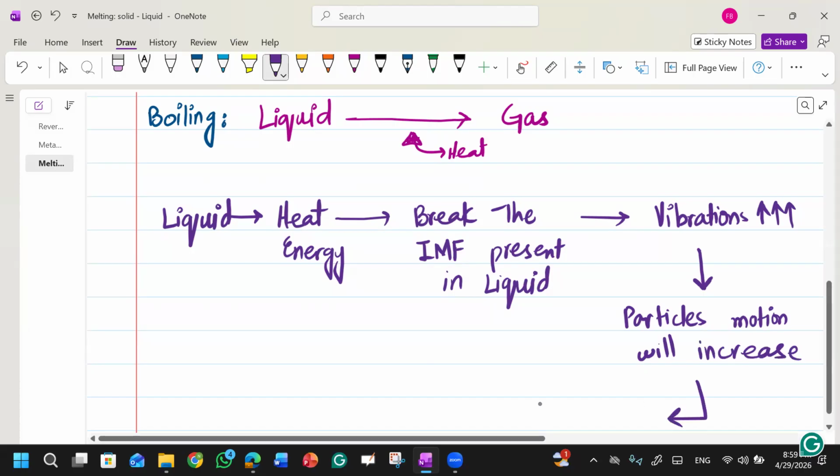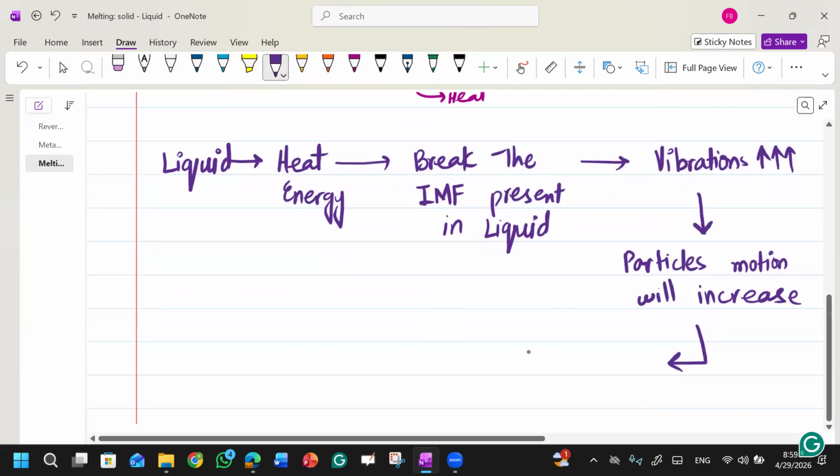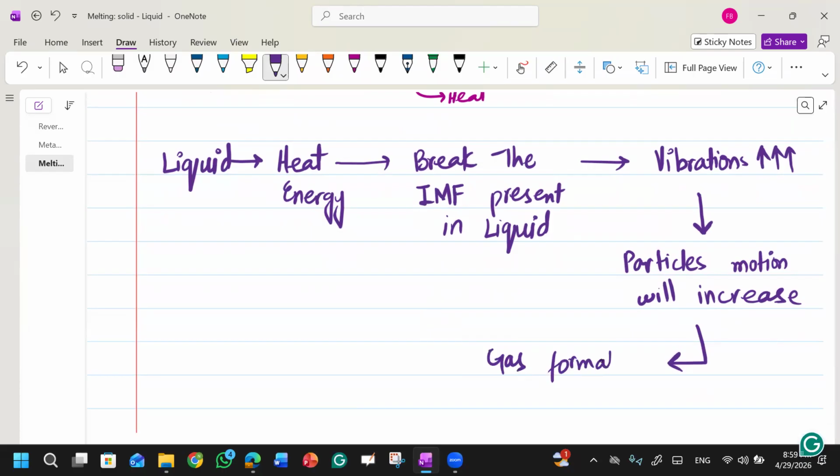It will expand. There will be bubble formation, gas formation, and this gas formation will happen at the boiling point.